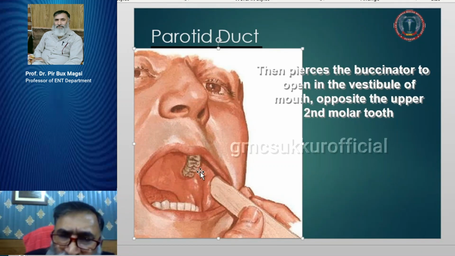Also, the deposition of phosphate normally present in the parotid gland causes blockage. So this leads to parotitis.